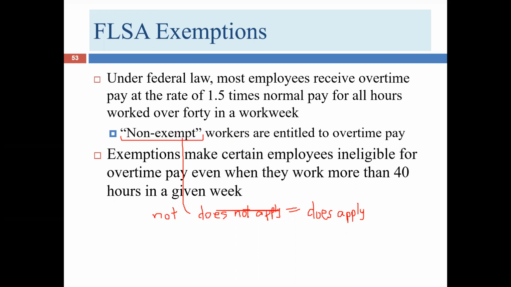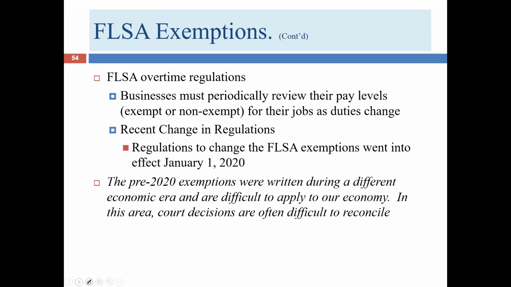So if you're exempt, if you don't have the non in front, then it means that you are salaried and the overtime rules don't apply to you. This is important. It can be a little tricky to get it locked away in your head, but it's important that you go ahead and work with that. Maybe put a Post-it note while you're brushing your teeth so you can kind of get that committed to memory.